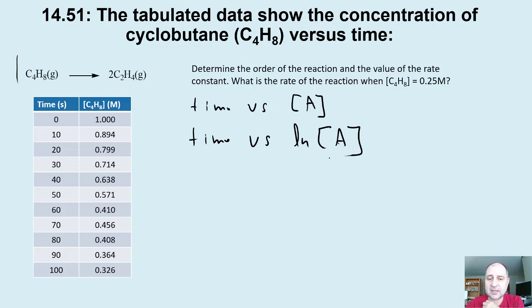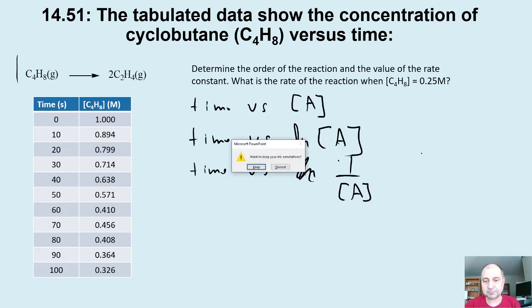It does it automatically. It's a very useful tool. If that's linear, it's first order. And then time versus 1 over A. We just did that, right? And if that's linear, it's second order. So let's go to Excel.